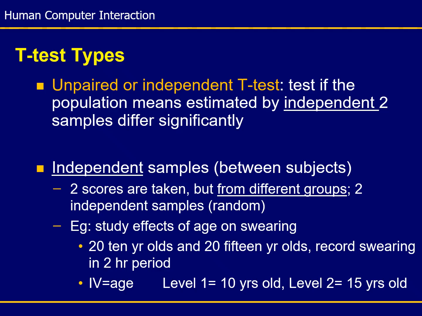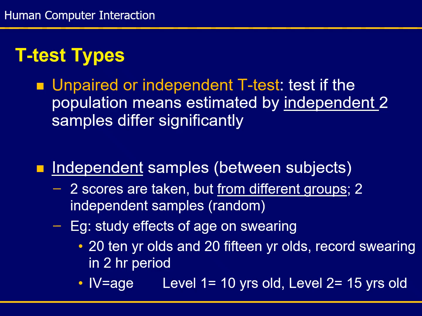Now you will record the swearing amount in a 2-hour period, and what you're really comparing here is the effect of age. So this has to be done between subjects. You're going to get one group that's 15 years old and another group that is 10 years old. You cannot do it within subjects here. You have to split them into 2 groups, one 15 and the other 10 years old.